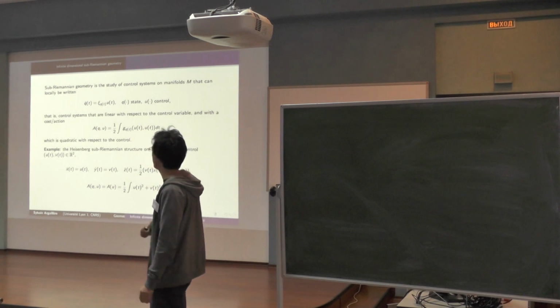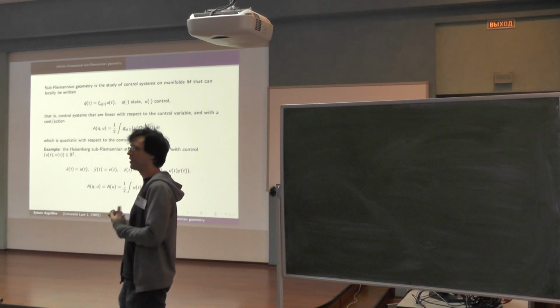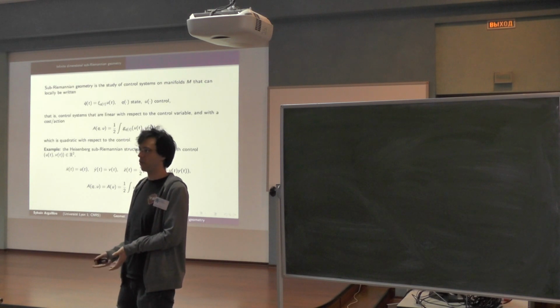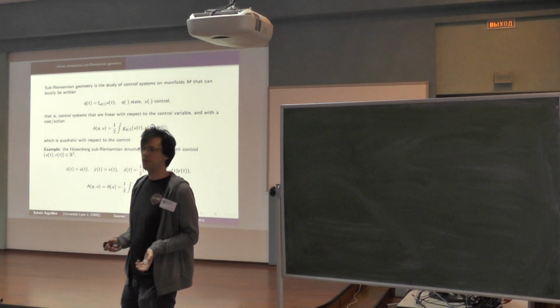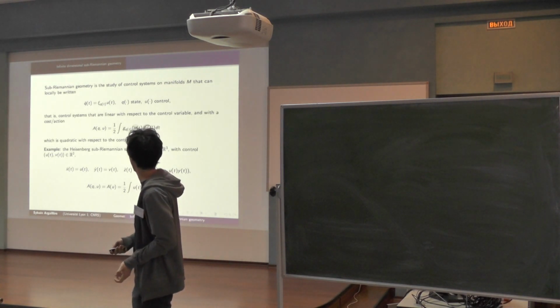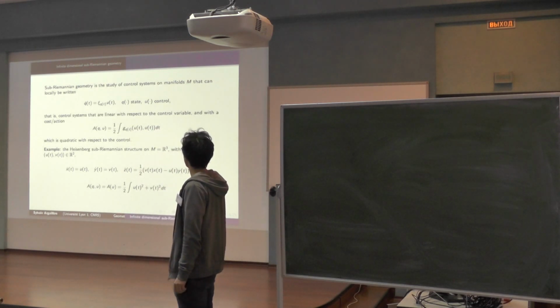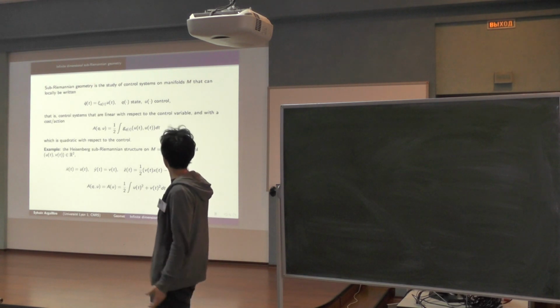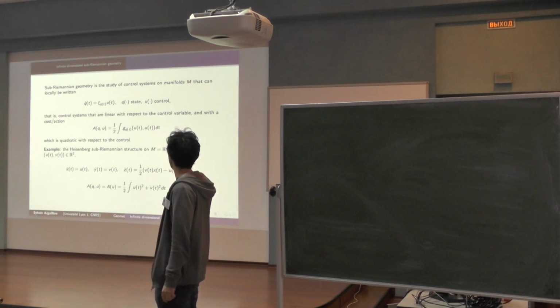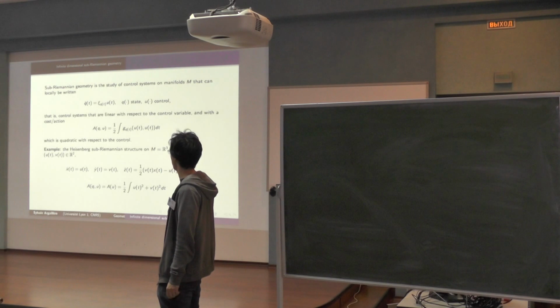Basically, sub-Riemannian geometry is the study of control systems that are linear with respect to the control, with a cost that is quadratic with respect to the control. The most basic example of a sub-Riemannian space is the Euclidean space, but equipped with the Heisenberg sub-Riemannian structure.